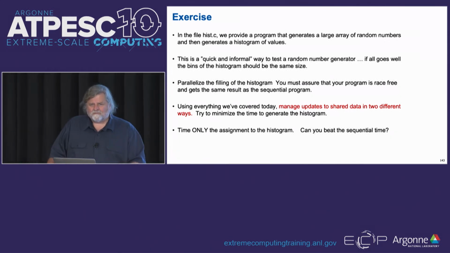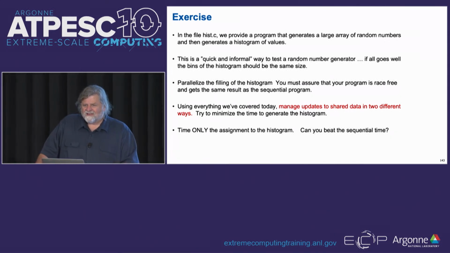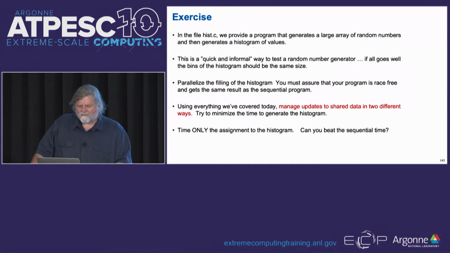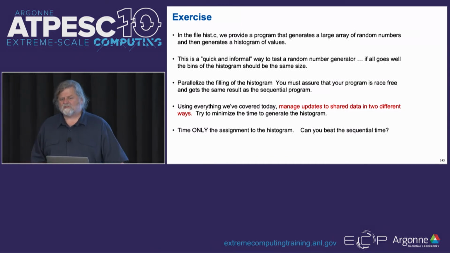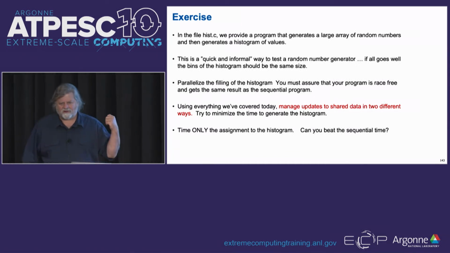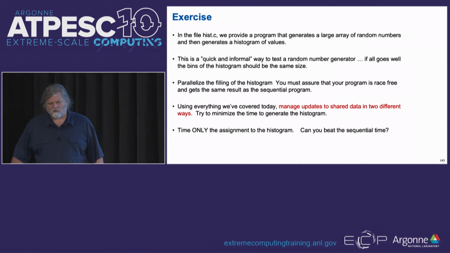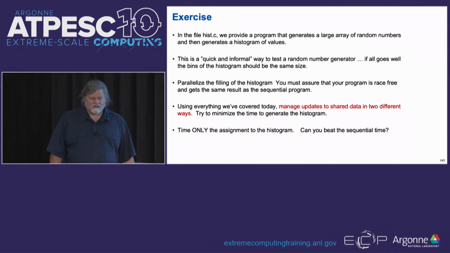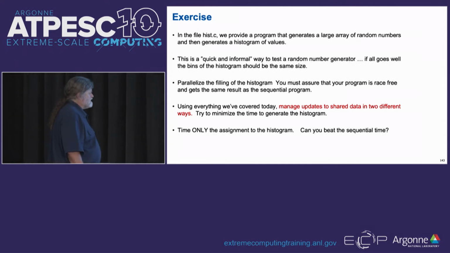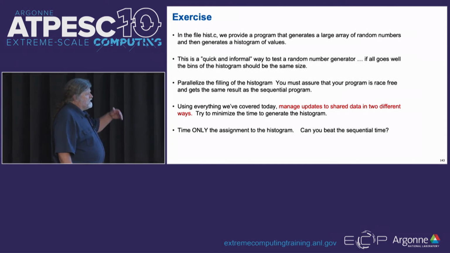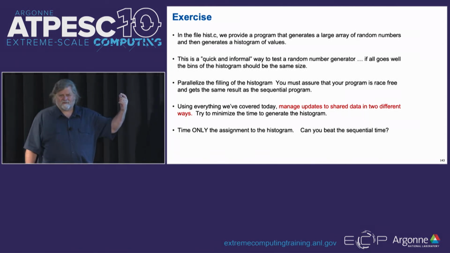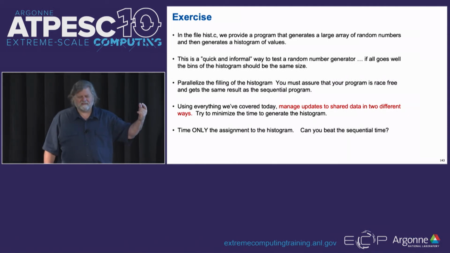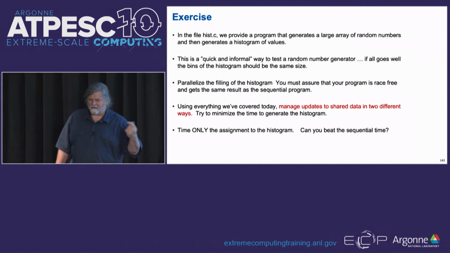So build a big random array, and I think in the hist program I have that. I'll check in a moment. You may have to link in a random number generator of mine. But the idea is, think about everything we've talked about today, and I want you to focus on building this random number generator, building the histogram in parallel.